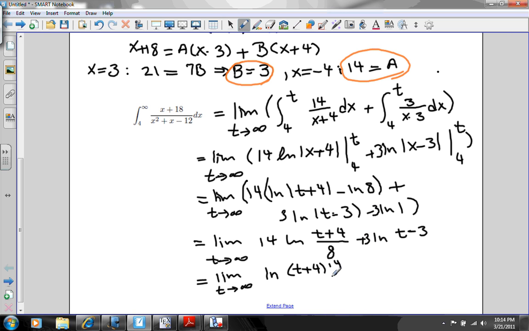So we get ln of (t + 4) to the 14 times (t - 3) cubed, all over 8. There's no ln in front of the second part; I put that ln there by mistake.